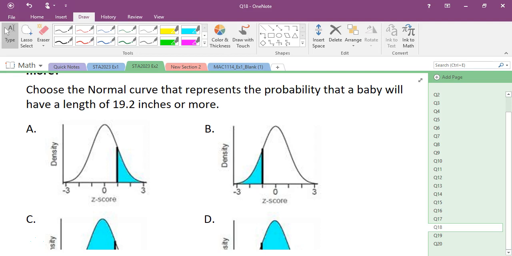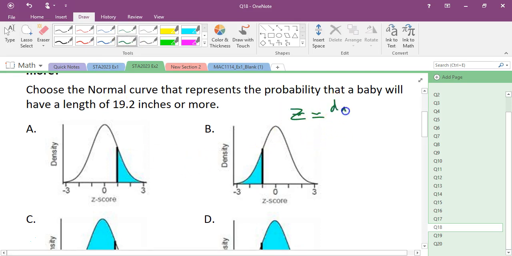Do you remember the formula for z-score? Z equals your data minus mu over your standard deviation. So minus your mean divided by the standard deviation.